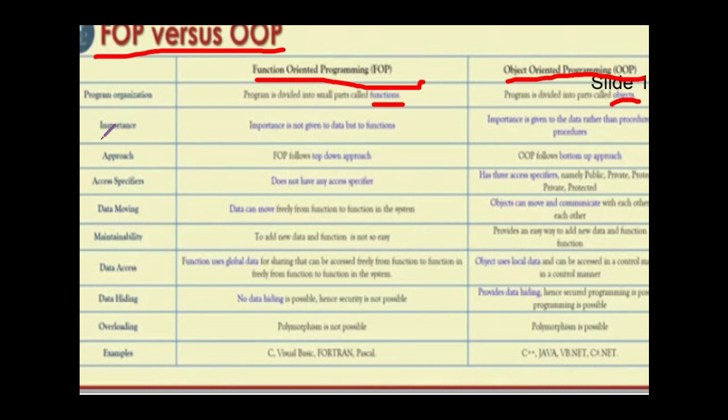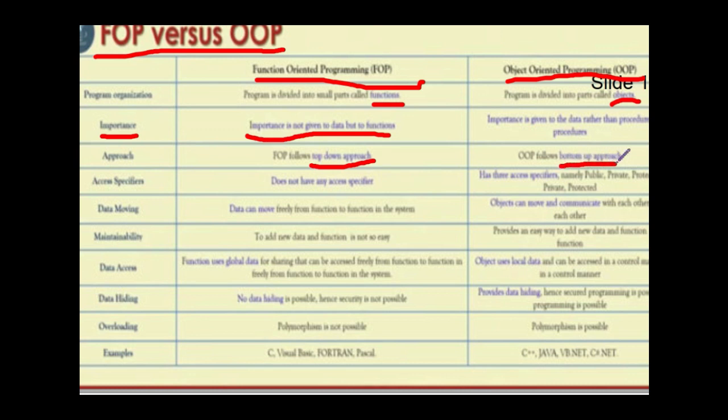Next, importance. In function oriented programming, importance is given not to data but to function, and in object oriented programming, importance is given to objects. Function oriented programming follows the top down approach, and the approach followed by object oriented programming is bottom up.